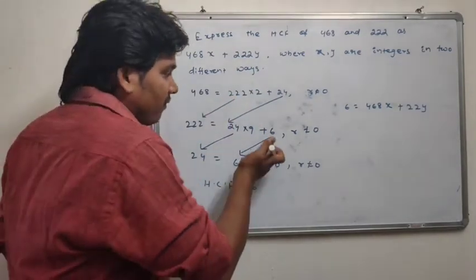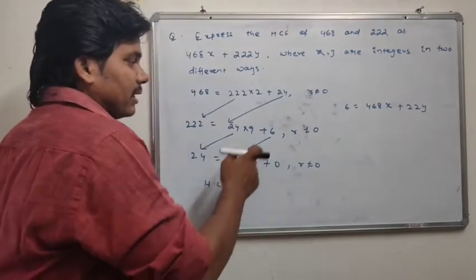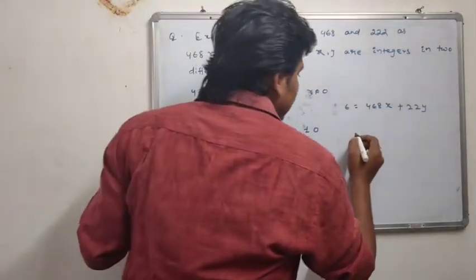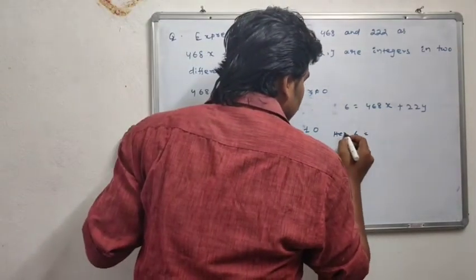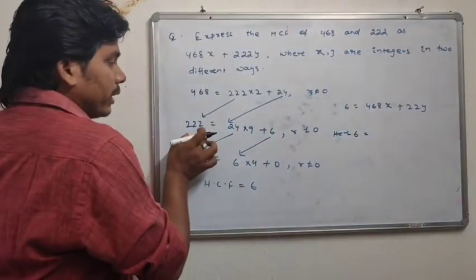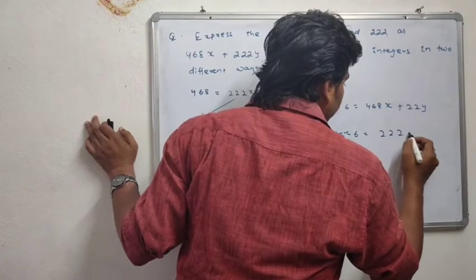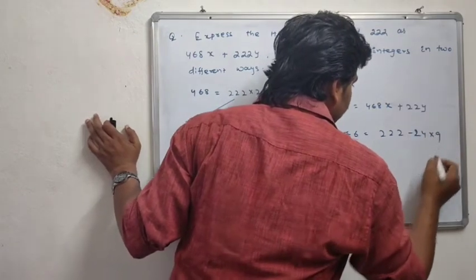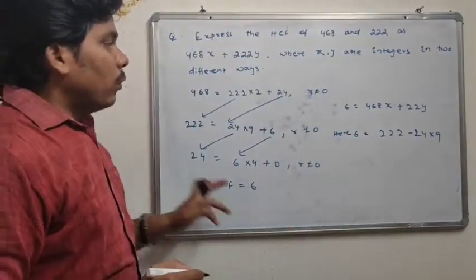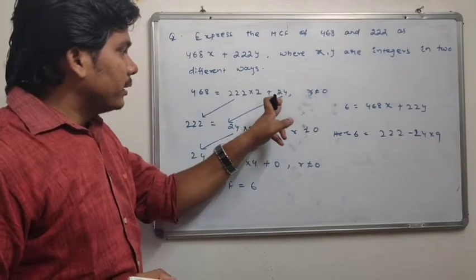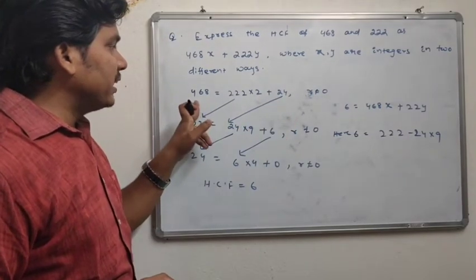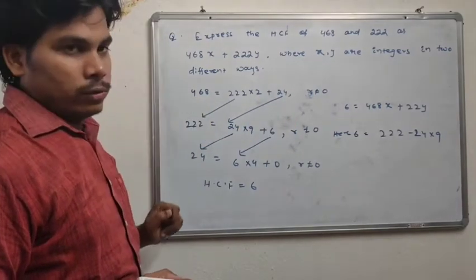I will take what 6 is here. The 6 is 222 minus 24 into 9. Now what is the 24 here? The 24 is 468 minus 222 into 2.